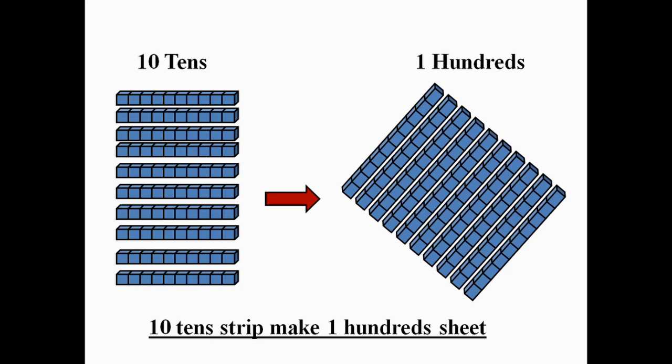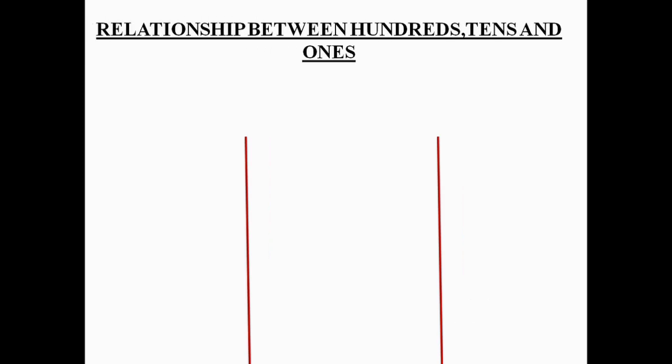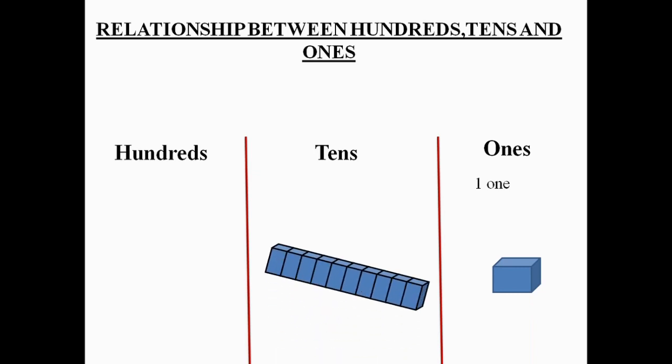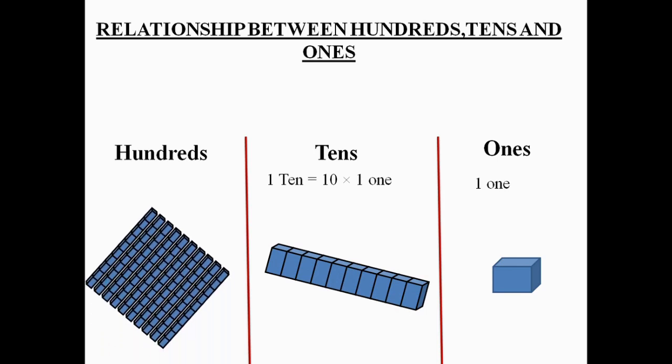Now let us learn the relationship between hundreds, tens and ones. So this is ones column, this is tens column and this is hundreds column. So in ones column we have 1 one. In tens column we have 10 ones, which is equal to 10, and in hundreds column we have 10 tens, which is equal to 100.